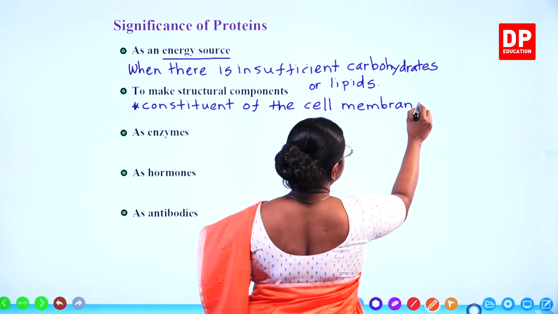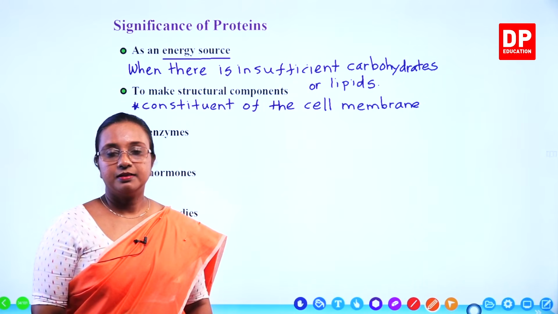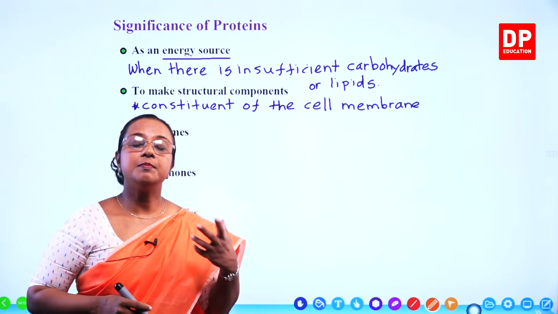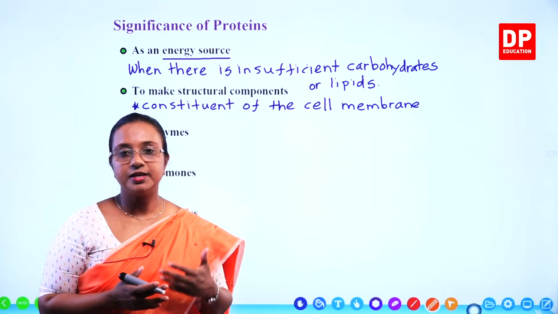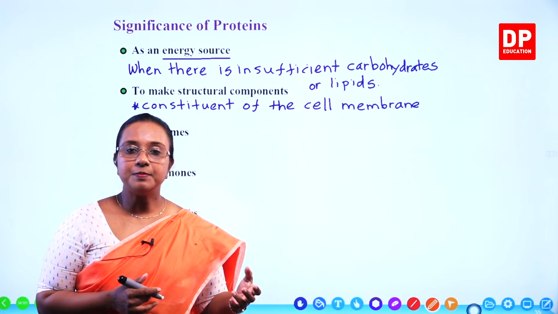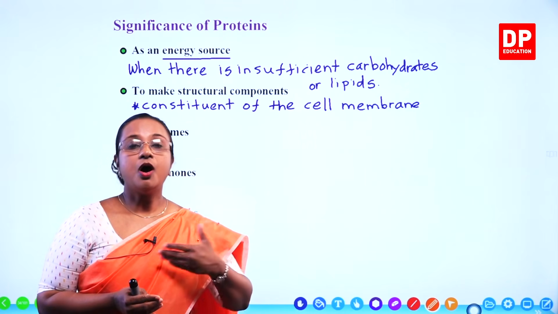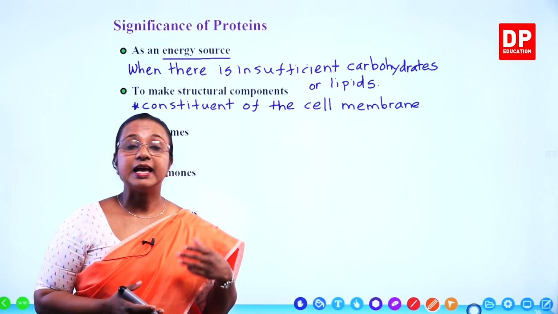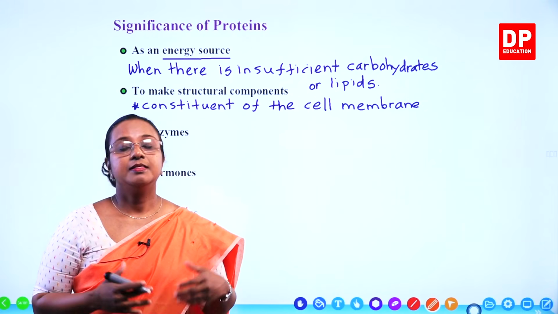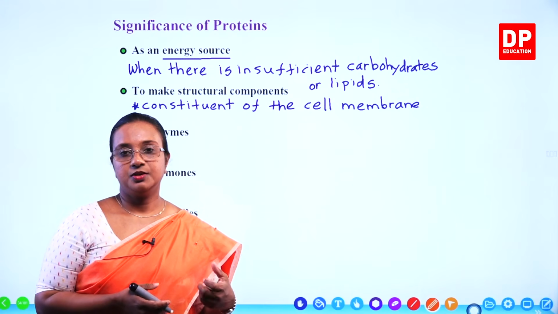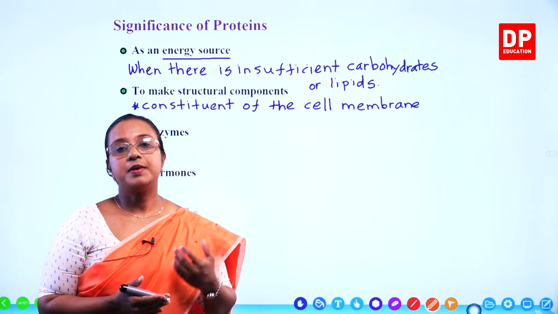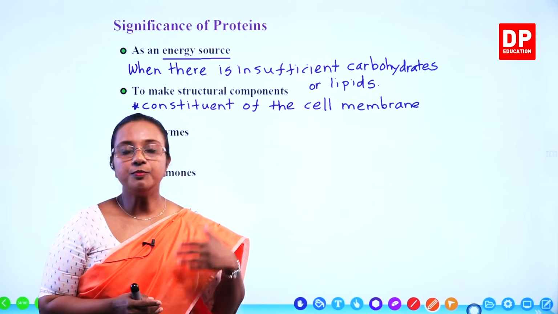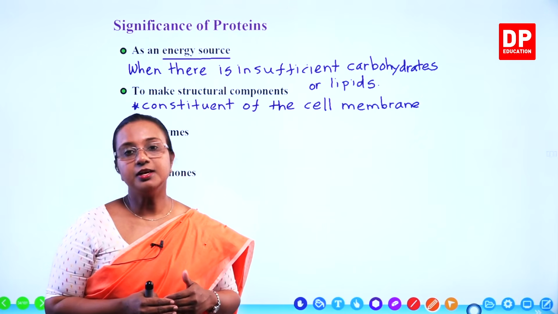In addition to that, different types of proteins are present in different parts of the living organism's body. For example, if we take the hair or feathers of birds, then there is a protein called keratin in them that provides protection. So, keratin is a protein present in hair of mammals and feathers of birds. Therefore, protein is a structural component.